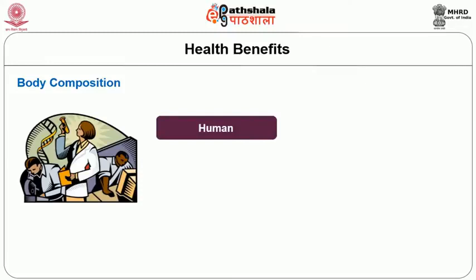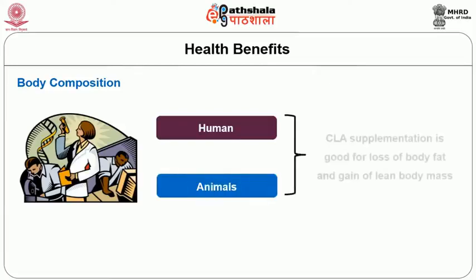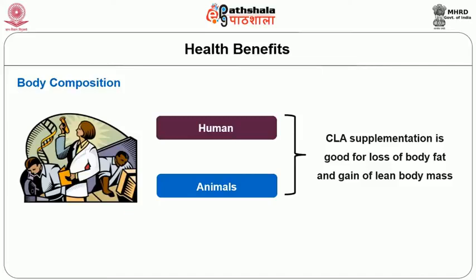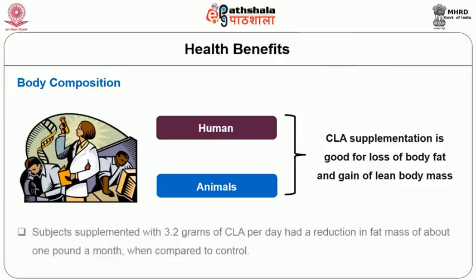Researchers concluded that there is a remarkable improvement in animal research, that CLA, conjugated linoleic acid, supplementation is good for loss of body fat and gain of lean body mass, which is very important for preventing or postponing non-communicable diseases. Subjects supplemented with 3.2 grams of CLA per day had a reduction in fat mass of about 1 pound a month when compared to control.